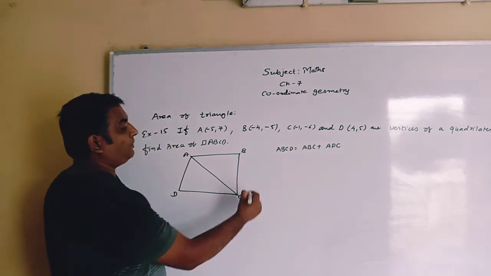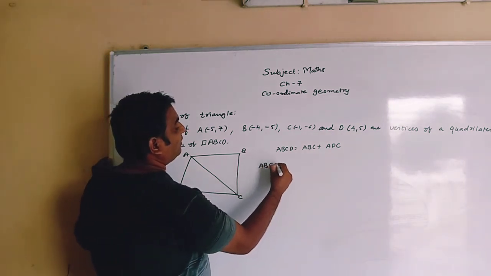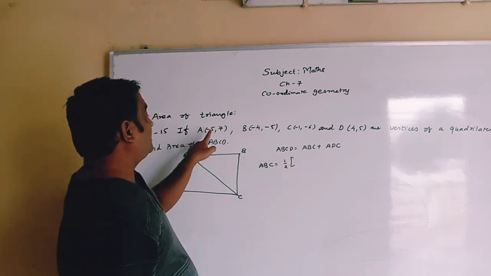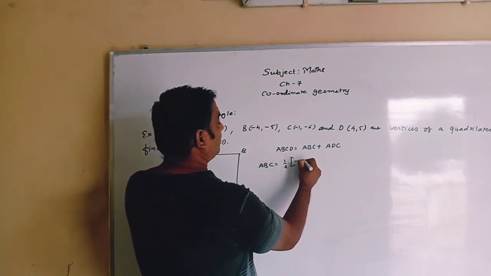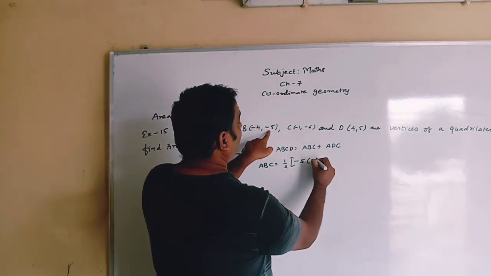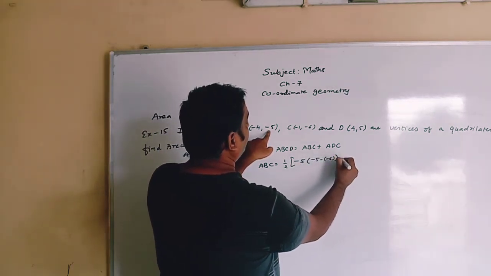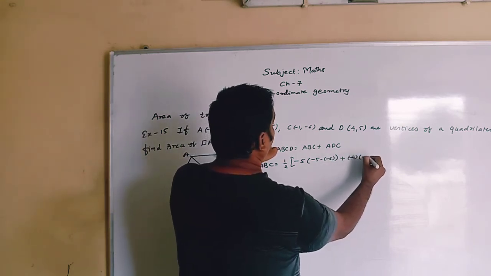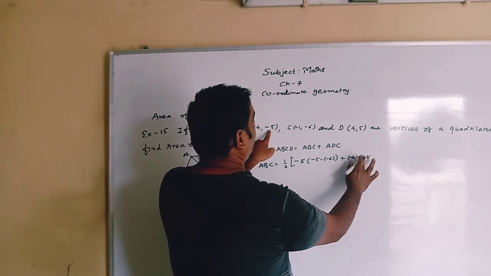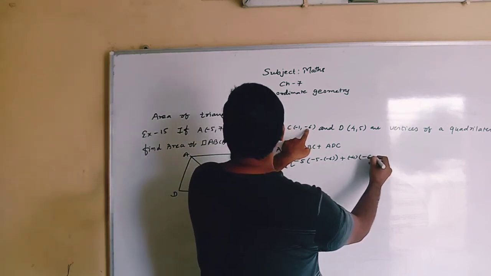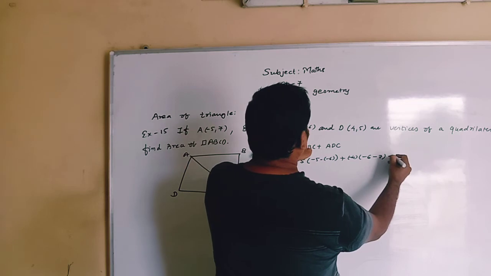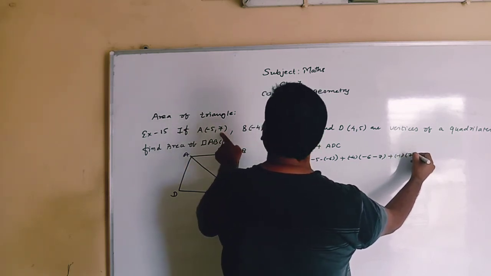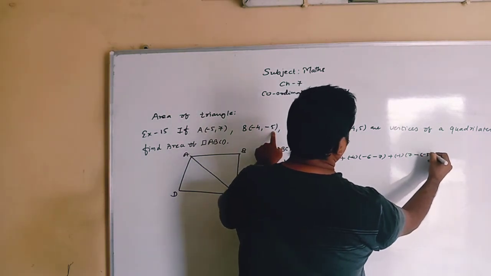So the area of ABC we take, from the formula 1 by 2 [x1 means −5 into (−5 − (−6)) plus (−4) into (−6 − 7) plus (−1) into (7 − (−5))].